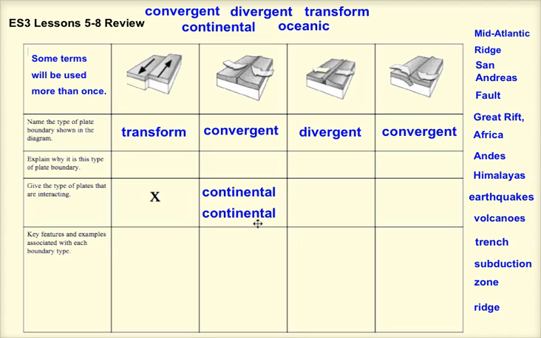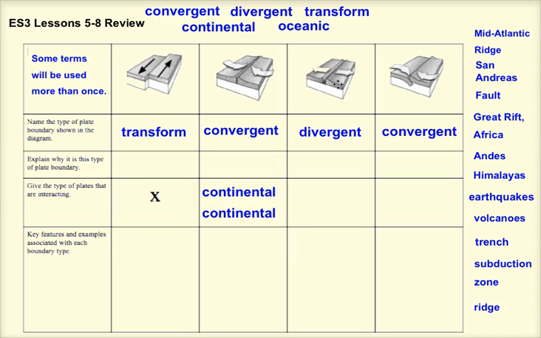Some people wrote continentals, so they made it plural, and I knew exactly what it was. I know some of you are going to come back and say, well, this says give the type of plates, so it's continental plates. But you were hoping that I would infer that's what you meant. I wasn't sure, so I wasn't going to give you credit. So make sure you always go above and beyond and put everything in that you need to put in. So let's look at this next one. It's a divergent plate boundary.